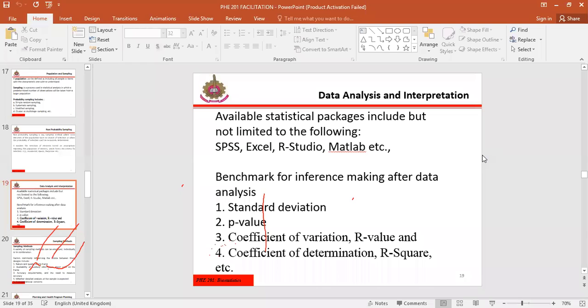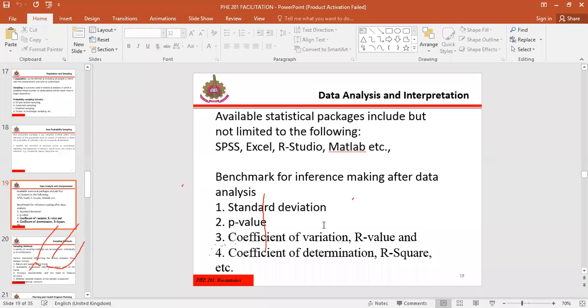Part of this is the standard deviation. We have the p-value, we have the correlation coefficient, that is the R value, we have the coefficient of determination, which is the R squared value, we have the mean, the median, the mode, the skewness, and the kurtosis. There are a number of them like that. I just try to put some of them here.